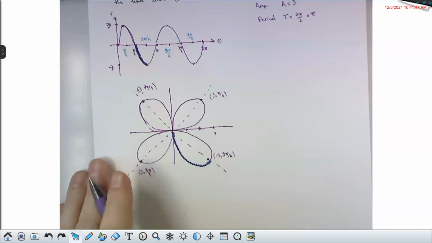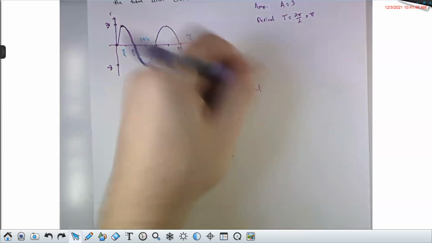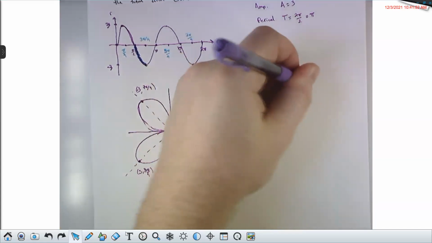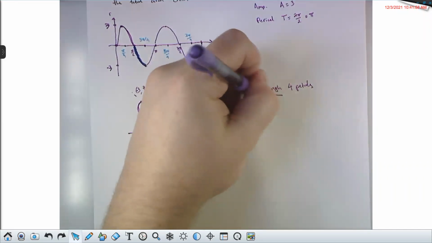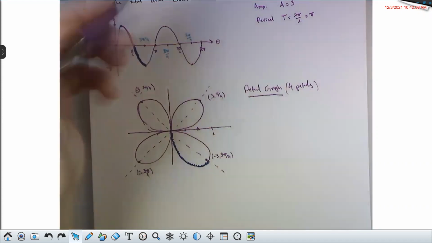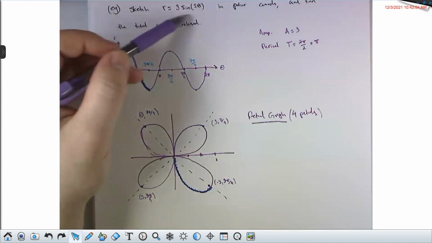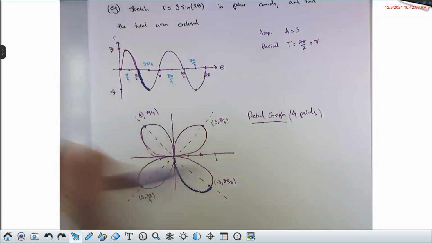All right. So this is another petal graph. This one has 4 petals. If you just have r equals a sine bx, or a cos bx, those will always be petal graphs.